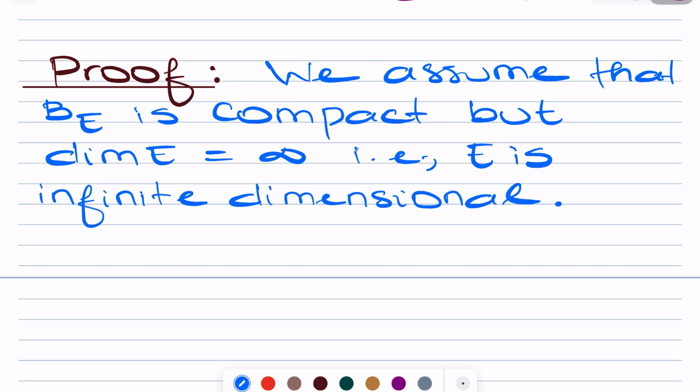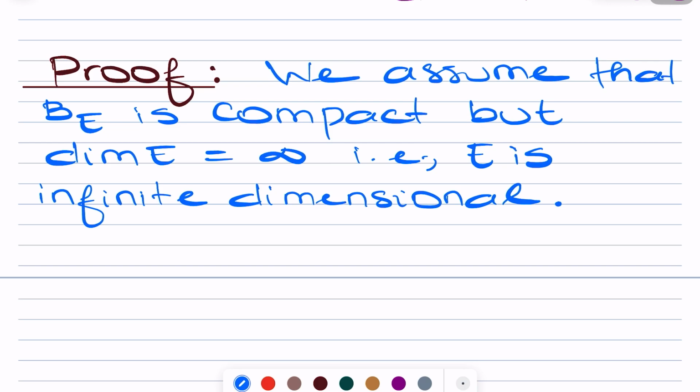So what we will do is construct a sequence of elements of the closed unit ball in E that does not have a convergent subsequence. And this will be a contradiction because the closed unit ball is assumed to be compact. So this is basically the main idea of this proof.